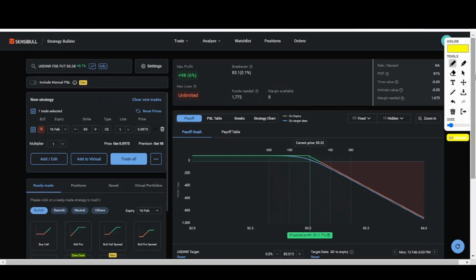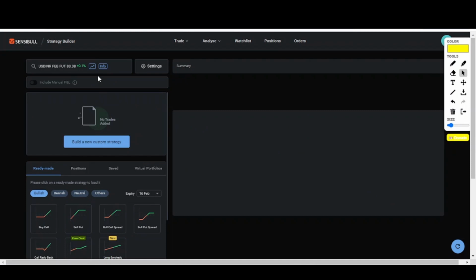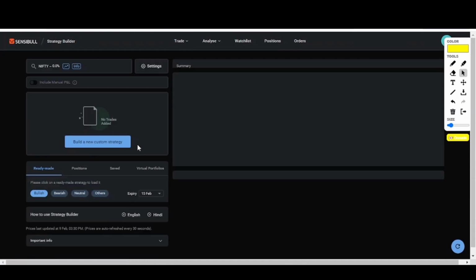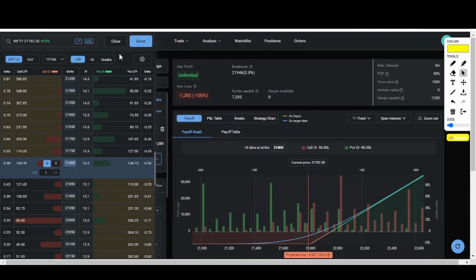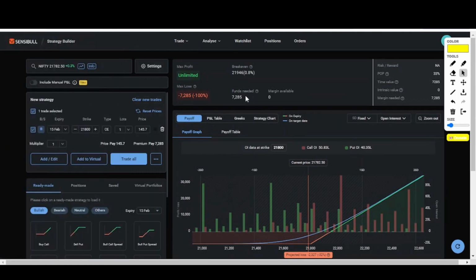If I compare the same thing with Nifty, for the upcoming 15th expiry, buying at ATM would cost around 7,285 rupees. It is almost 100 times more money that we need to pay for buying an ATM option in Nifty.